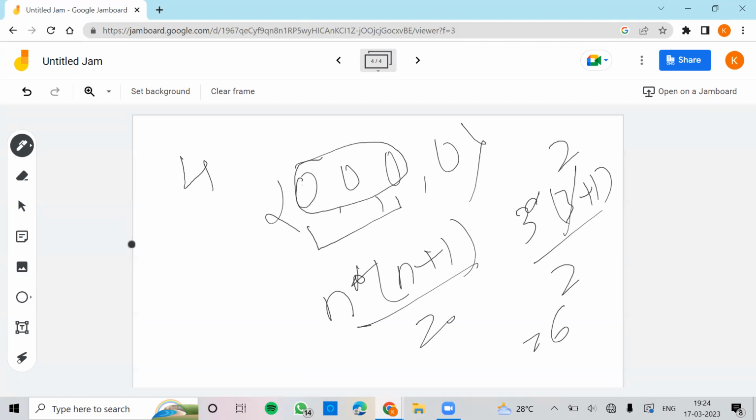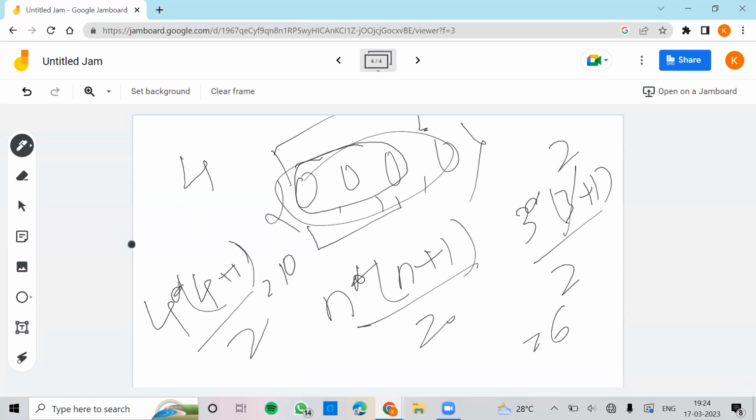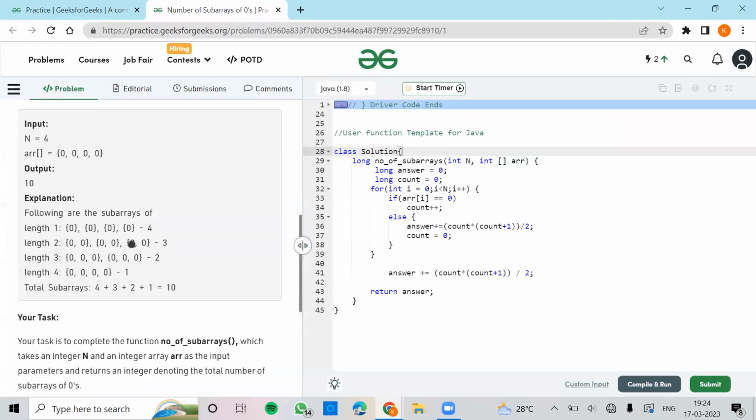And if we consider these 4 zeros, we get the output as 4 multiplied by 4 plus 1 divided by 2, which is nothing but 10. And that's what the output of this test case is.